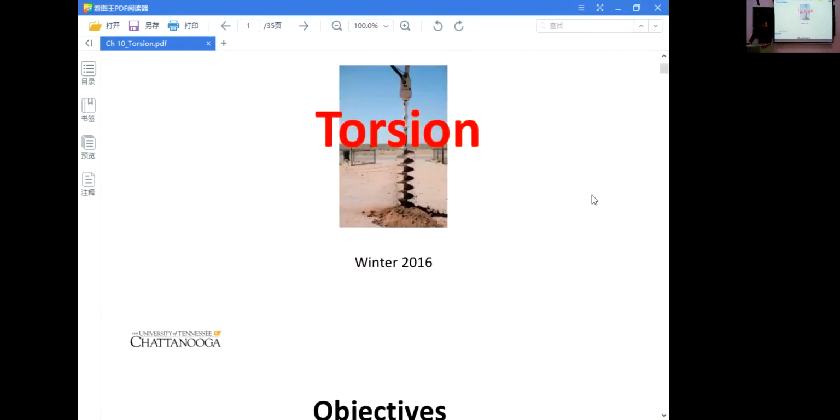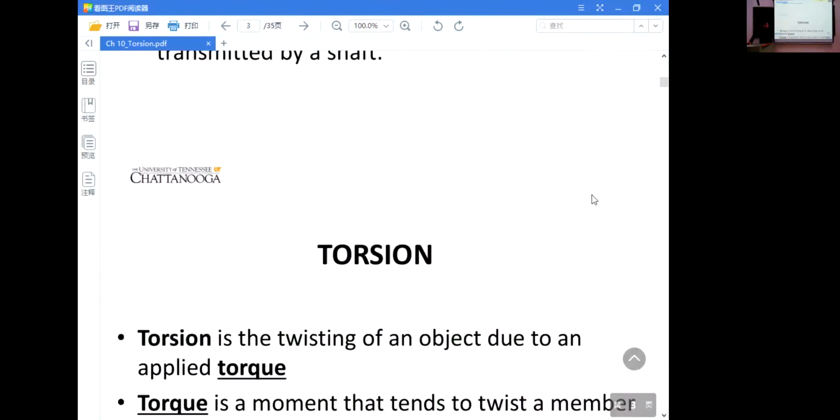In mechanics of materials, we focus on a single member, a single cylinder member, one member with cylinder.